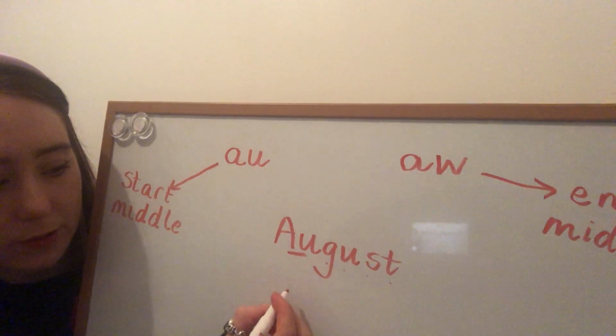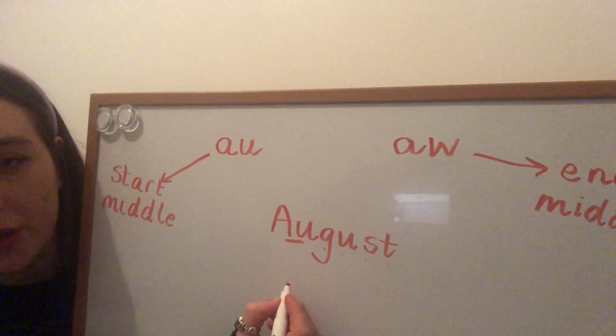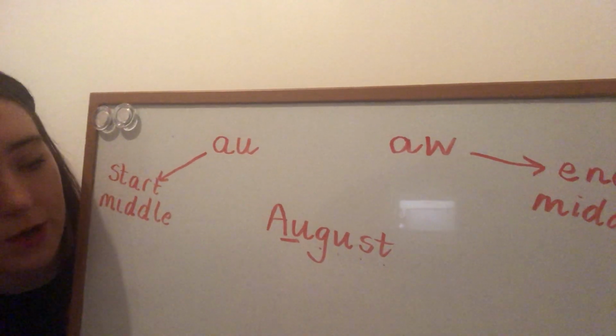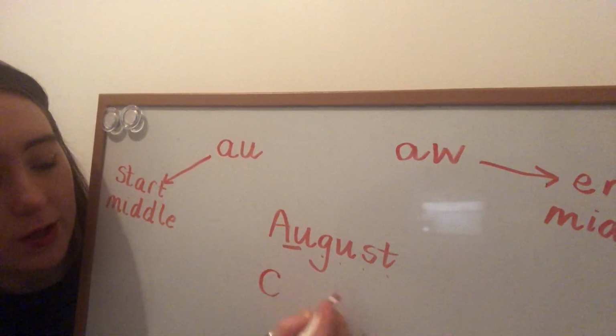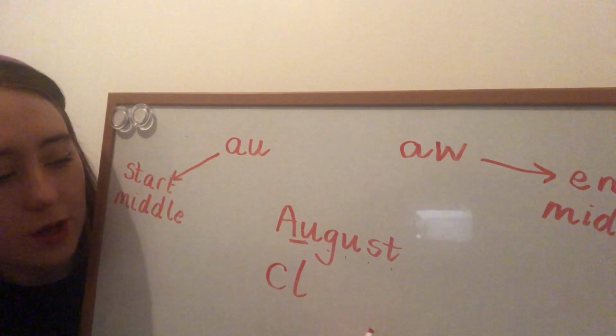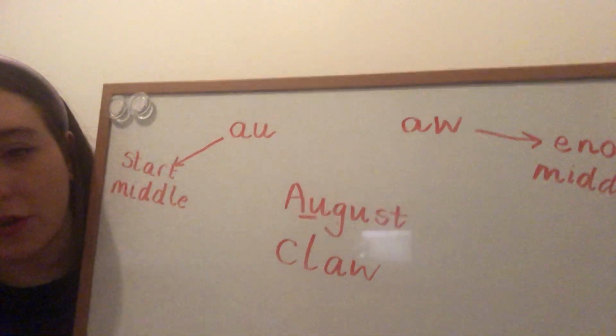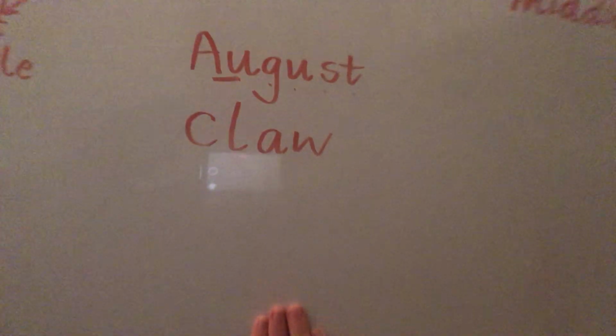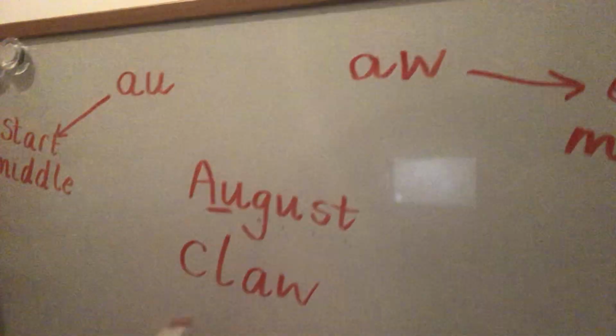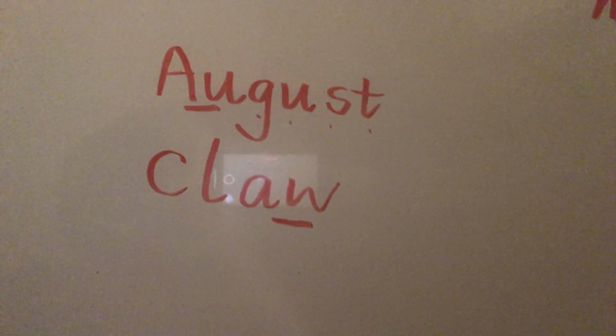So how do you think we're going to spell claw? C, L and the A W, which makes claw. Can you see the aw sound in this word? Claw.